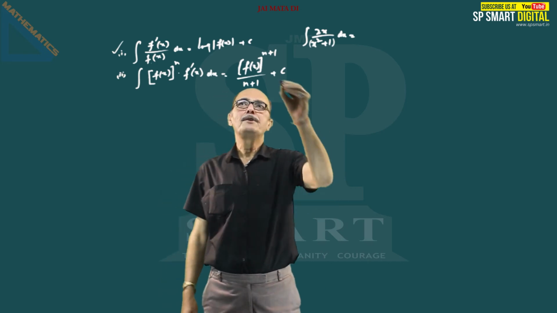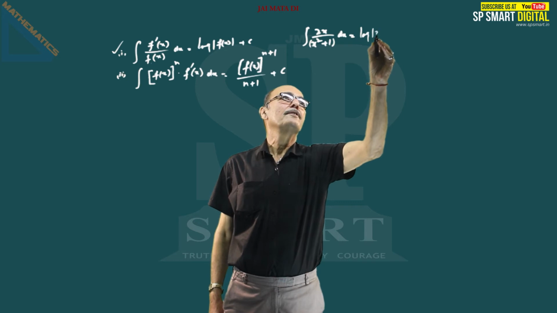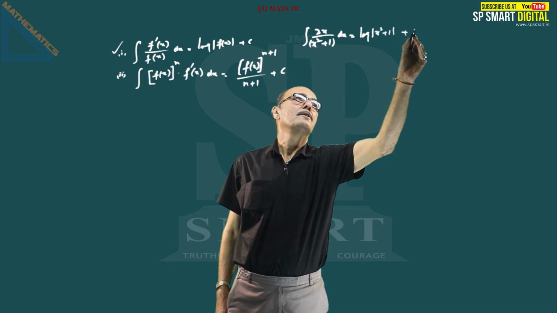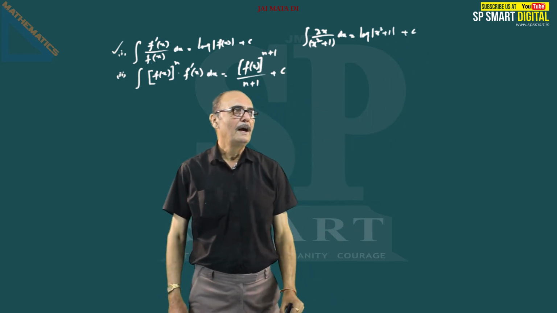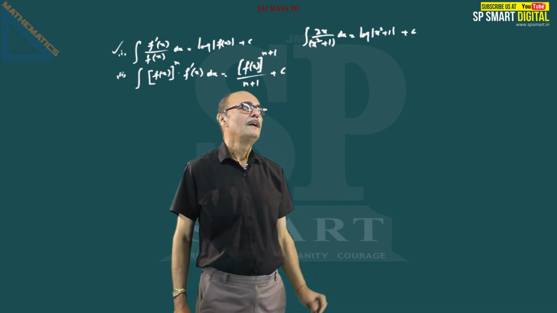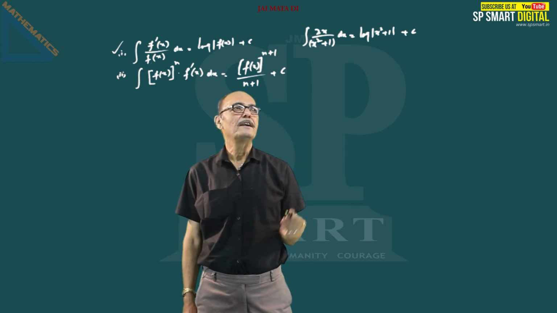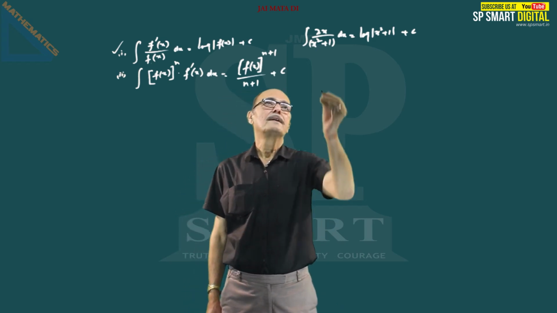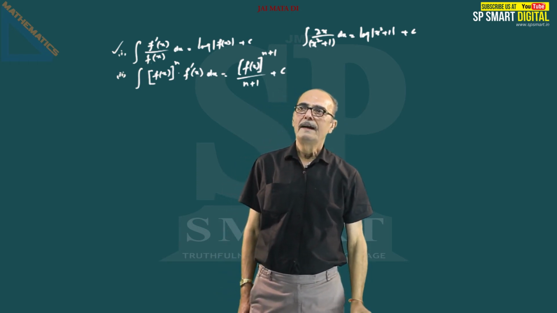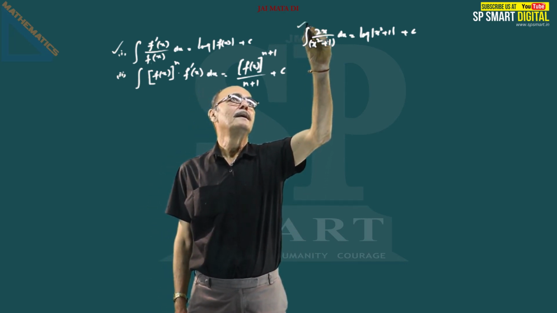So, straightaway we can use this formula and write that integral of this is log of x square plus 1 plus constant c. And if you want to check whether your answer is correct or incorrect, you differentiate the right hand side. And when you differentiate the right hand side, you should get this 2x over x square plus 1. And then this is the application of the first formula.